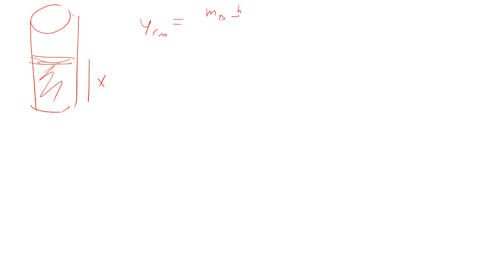Well, we've got the barrel, and if we have water in it, we'll say the height of the water is some x. That means the y center of mass is going to be equal to the mass of the barrel times h over 2, because we'll say this is some height h, plus the mass of the water times x over 2, divided by the mass of the barrel plus the mass of the water.